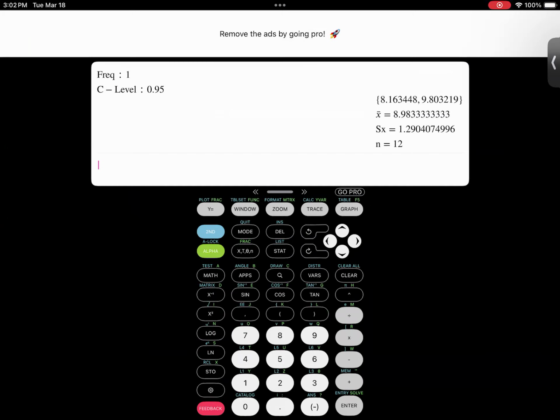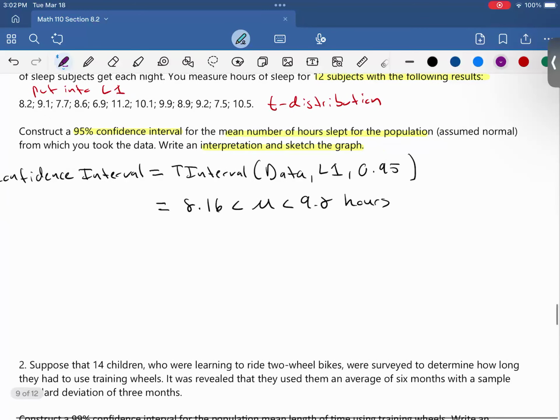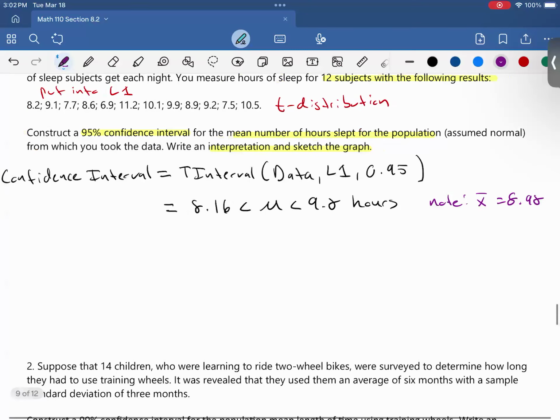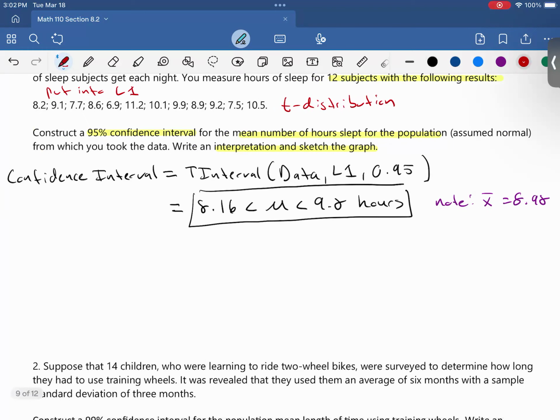So let's jump back to the problem and write down this confidence interval: 8.16 less than the mean, less than 9.8 hours. And just a note for myself, x bar equals 8.98. So that's our confidence interval. Let me put a box around that. That takes care of the confidence interval.